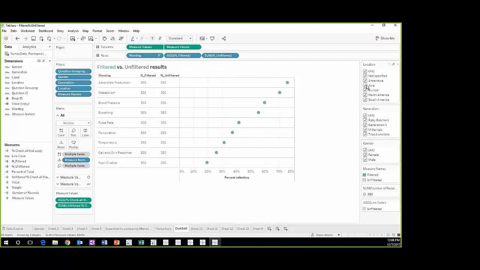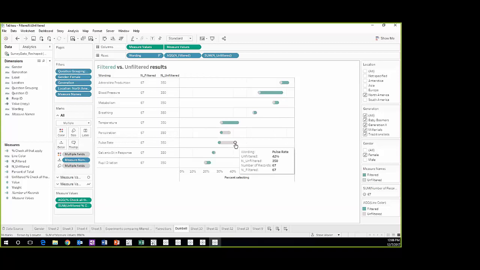So I'm going to take people out, and here's a way to gauge the difference. The gray dot is everybody, and the green dot is just the North American women. There we go. Ooh, wow, big difference here.